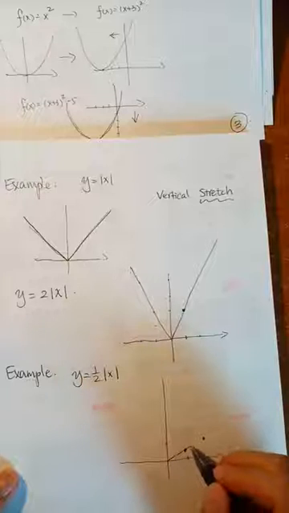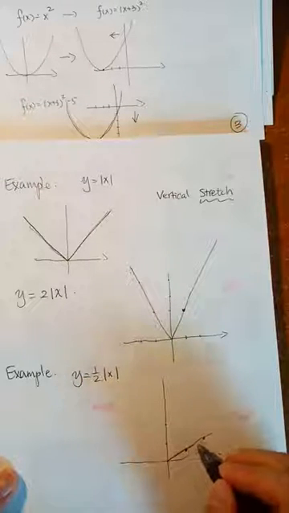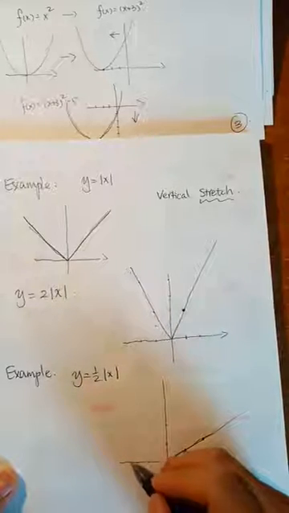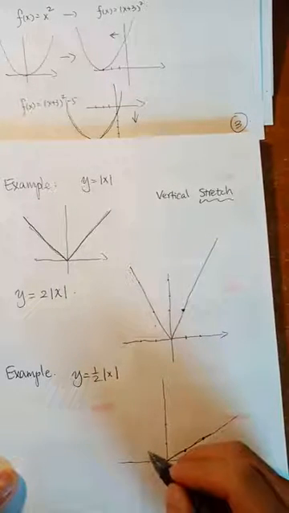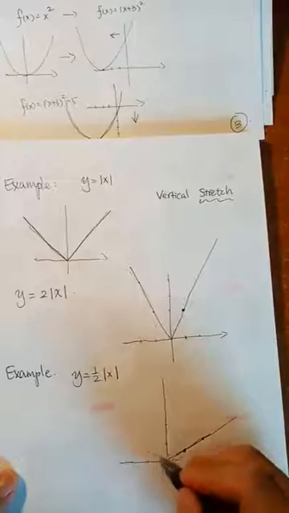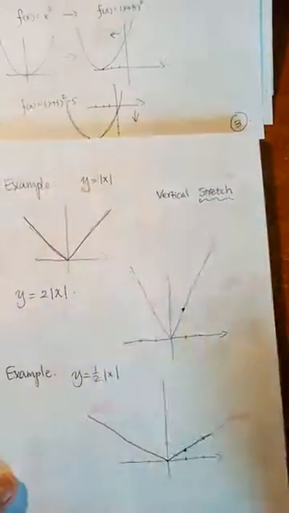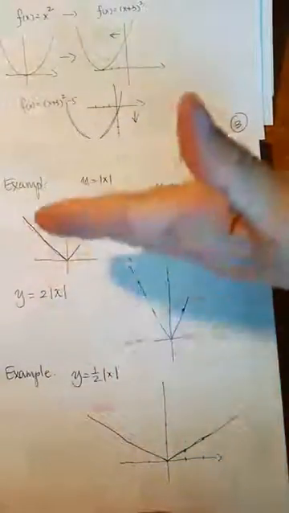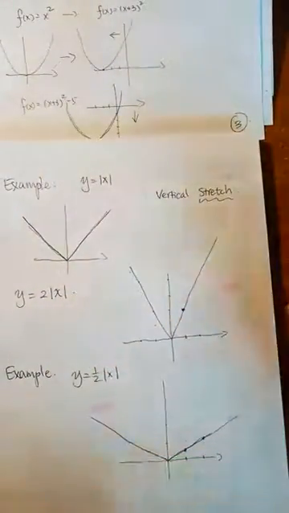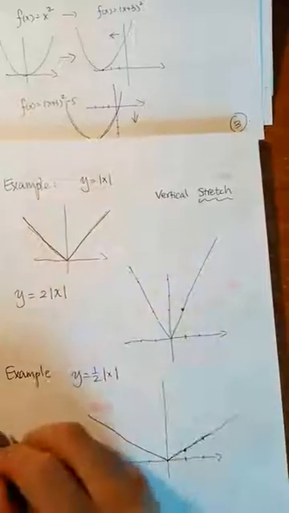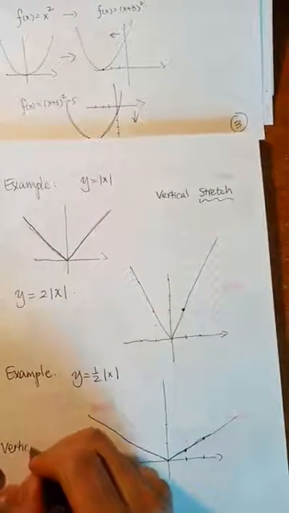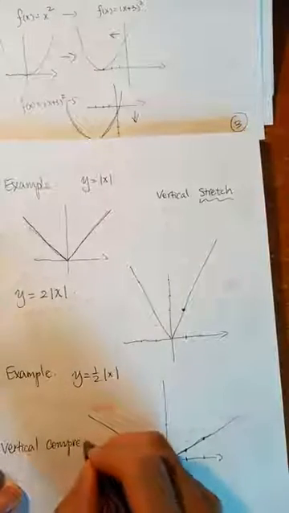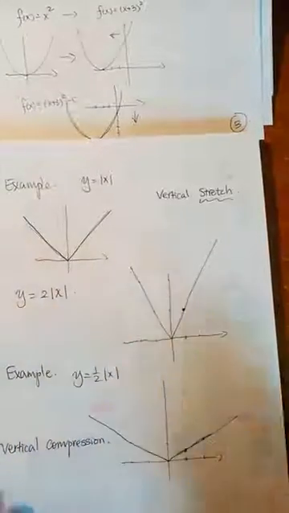So it's still a straight line, but it's flatter. A similar thing happens for the negative part: 1/2 and 1. So you compress the graph along the y direction, or vertically. This is a vertical compression.